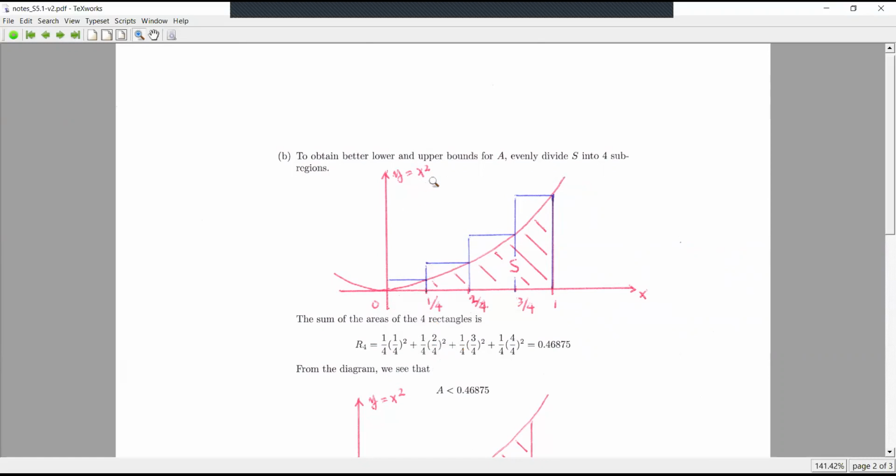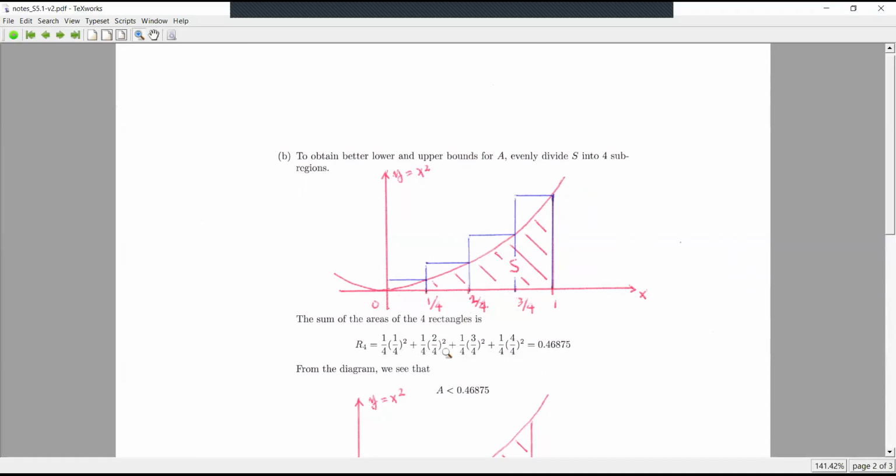Function is x squared. So this number is area of the second rectangle. Similarly, the third and the fourth rectangles use function value at the right endpoint to build the rectangle. And the corresponding areas are these two numbers.